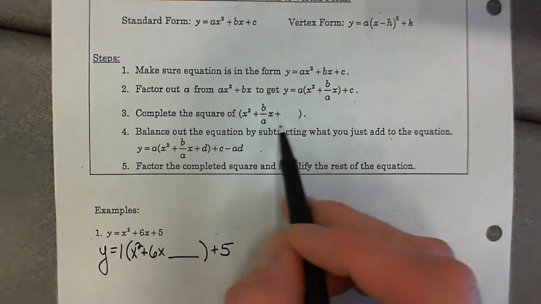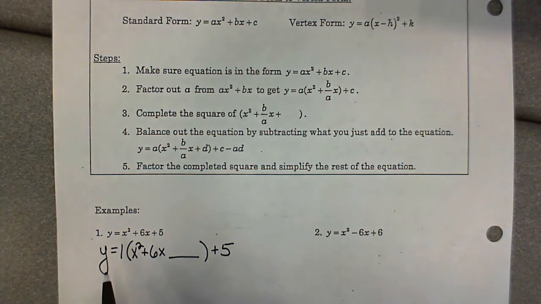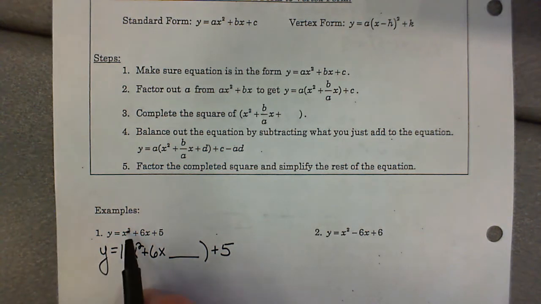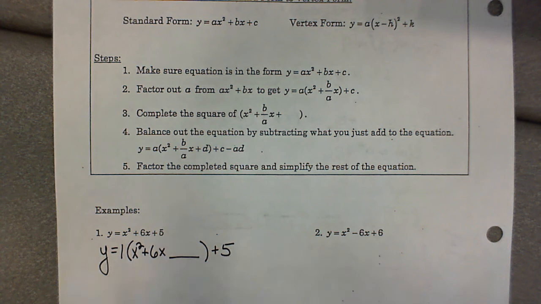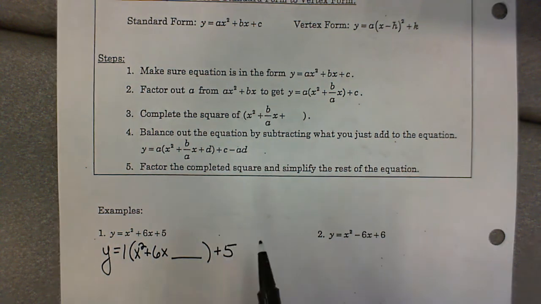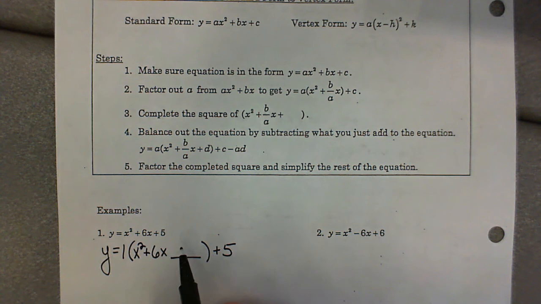So now we're starting to get it into this format. If I were to just distribute the 1, drop the parentheses, I'd be right back to where I started. But I don't want to do that. I want to come up with this third term.